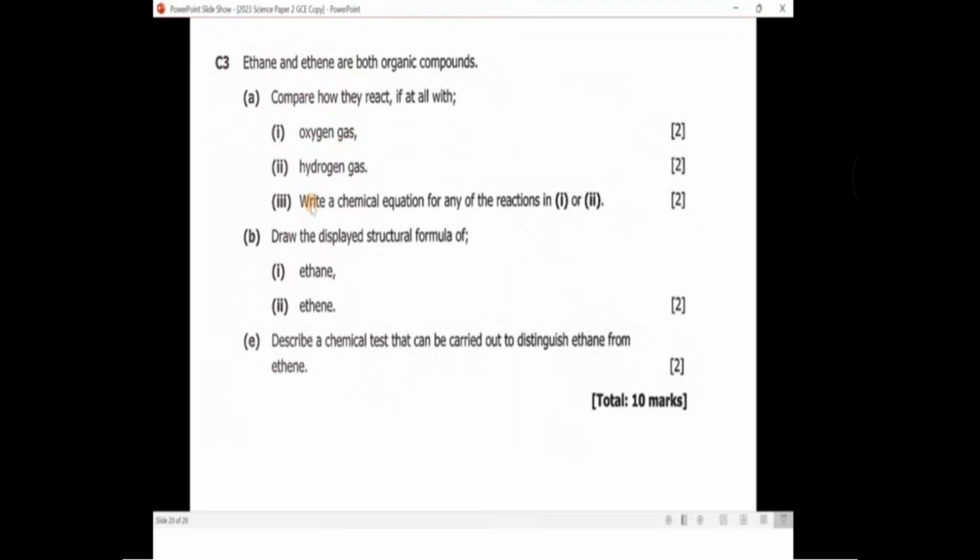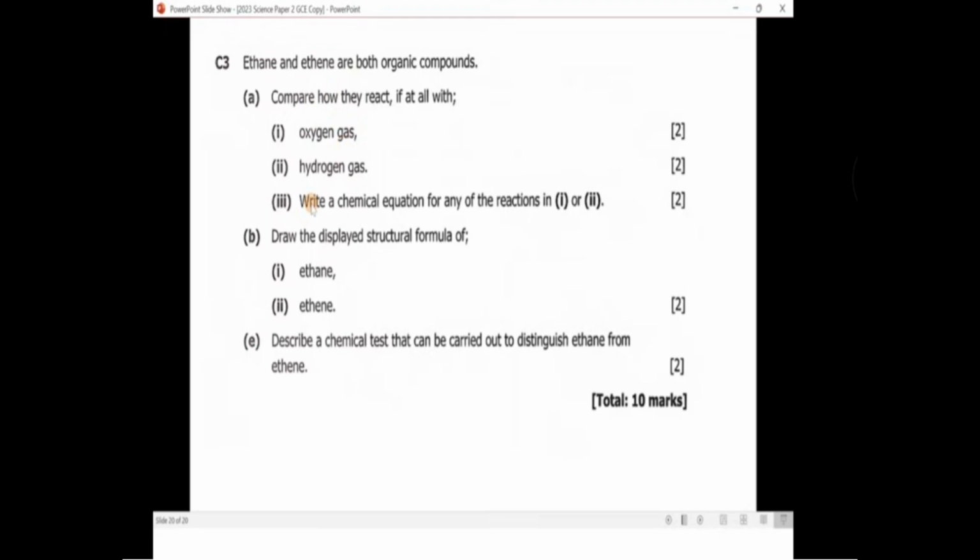Then Roman numeral 3 says write a chemical equation for any of the reactions in 1 or 2. Then B, draw the displayed structural formula of ethane and ethene. Then E, describe a chemical test that can be carried out to distinguish ethane from ethene.